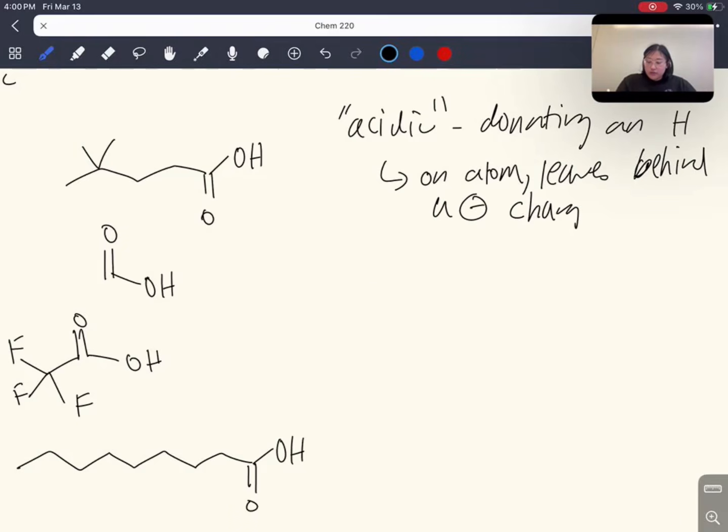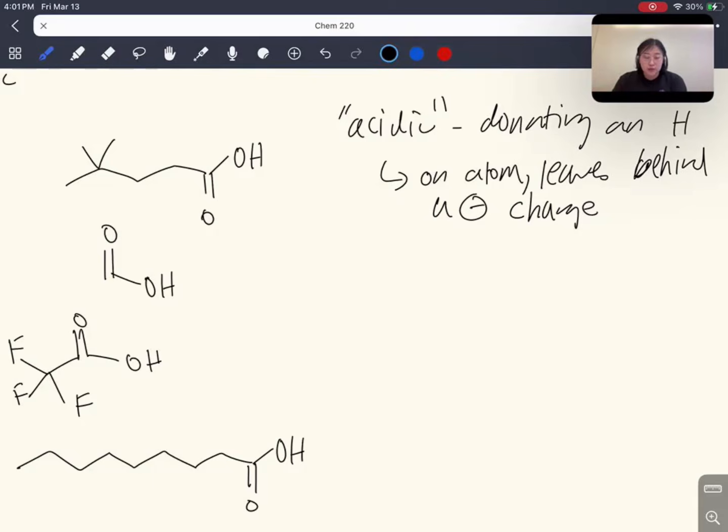Because if we're ripping this hydrogen off, the bond that was between that atom and the H pushes onto that singular atom. So it's leaving behind a negative charge. So remember that if we're looking at acidity, we're considering donating a hydrogen, therefore leaving behind a negative charge on whatever atom the H was ripped off of, right?